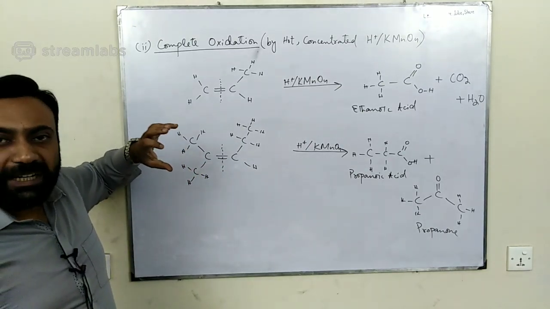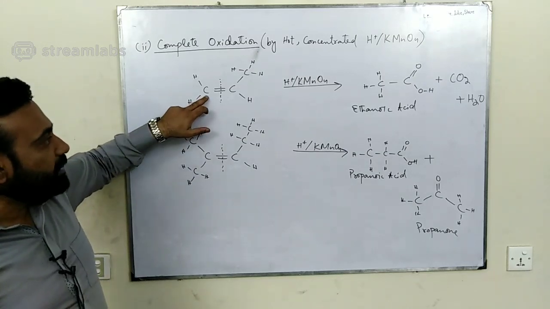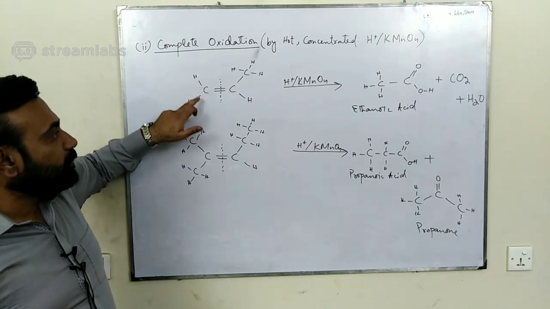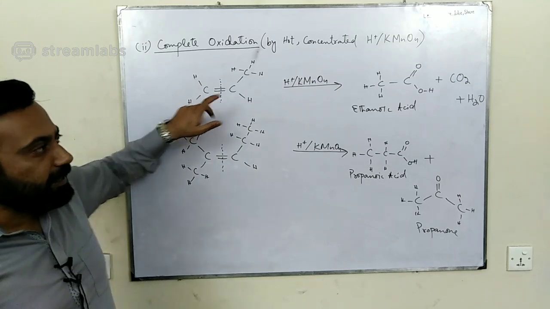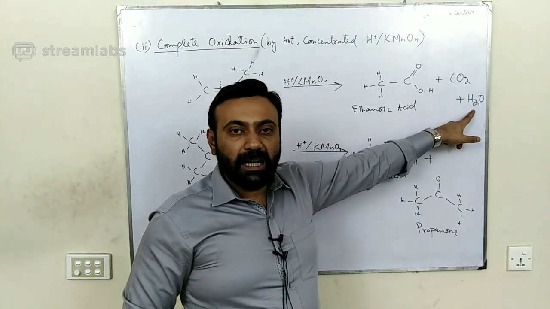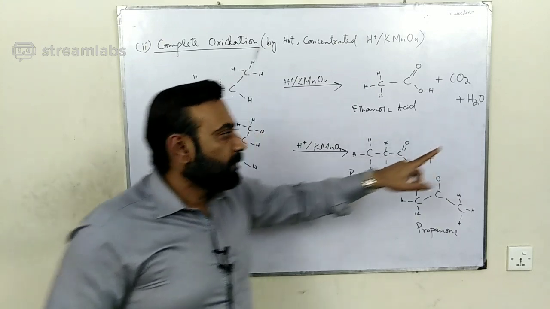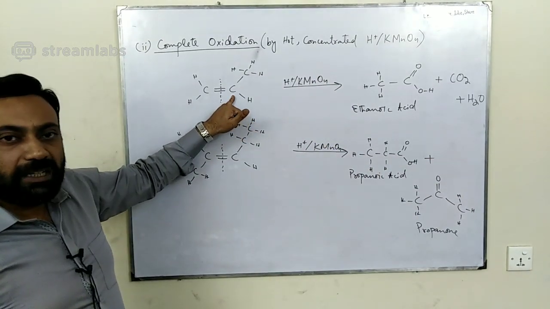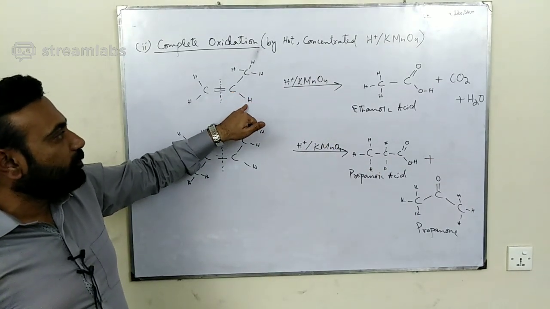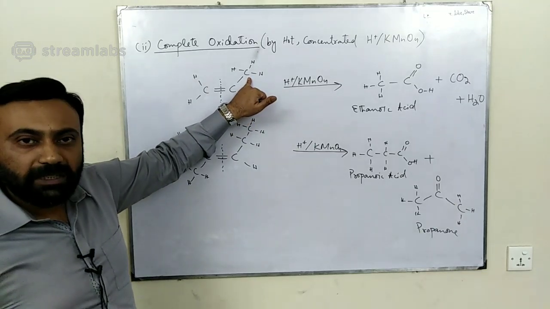One scenario is in which the carbon atom is bonded to two hydrogen atoms. In that case, oxidation products would be carbon dioxide and water.